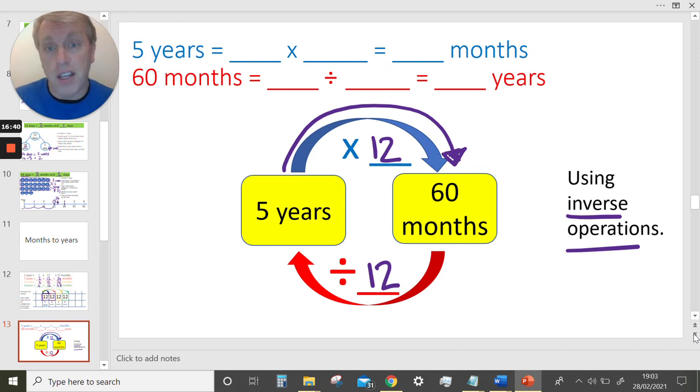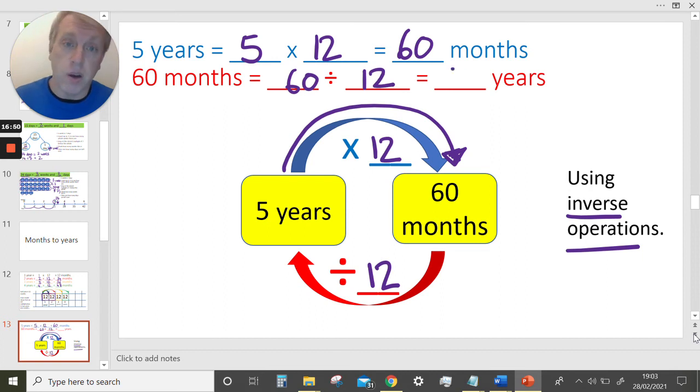So 5 years, 5 times 12, is 60 months. 60 months divided by 12 shows us that it is 5 years.